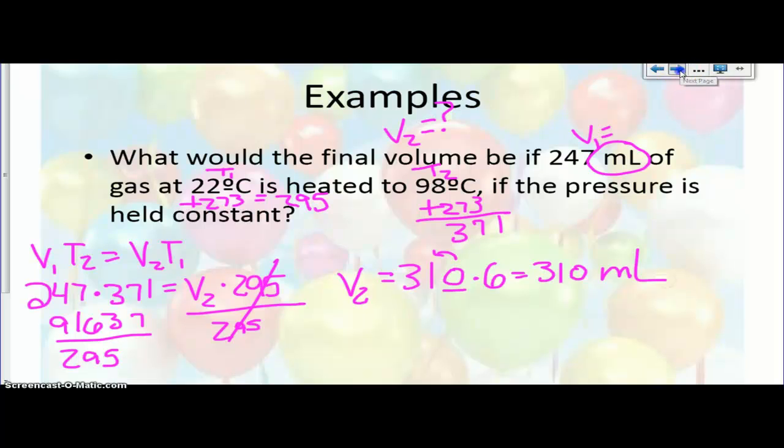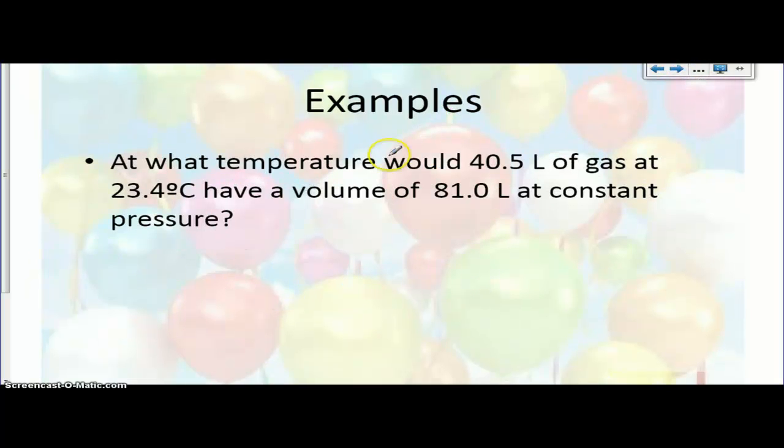All right, time for one more practice problem. At what temperature would 40.5 liters of gas, so this is our V1, at a temperature of 23.4, so this is our T1, have a volume of 81.0 liters? So this is our V2.